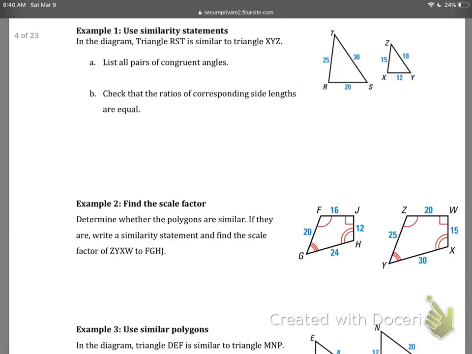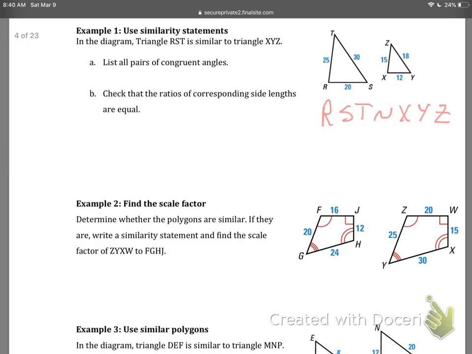Okay, here's example 1. So we're going to use the similarity statement. In the diagram, triangle RST is similar to triangle XYZ. So go ahead and write your similarity statement. So you should be writing RST is similar to XYZ.